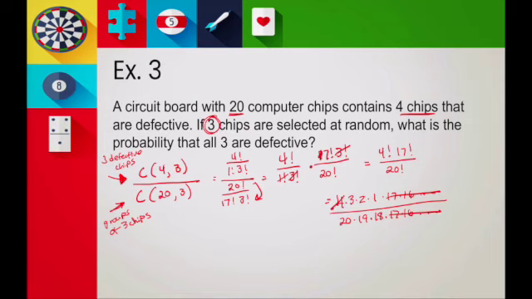And we can simplify this a little bit more. 4 over 20 is 1/5. 6 over 18 is 1/3. And so we get 1 over 5 times 3 times 19, which is 1 over 285.